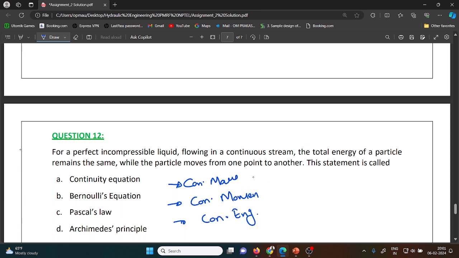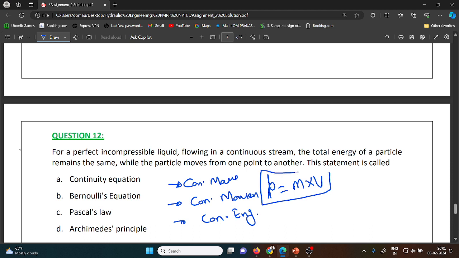Conservation of mass means the mass of the flowing fluid will be conserved. Energy means the energy of the flowing fluid will be conserved. But in case of momentum, momentum is p, that is mass into velocity, mv.